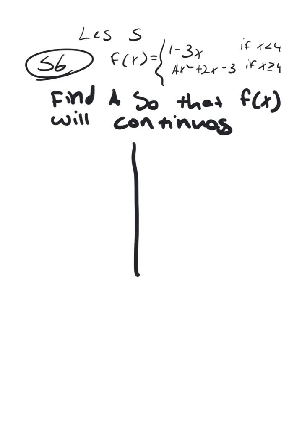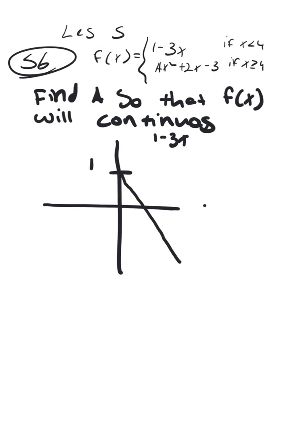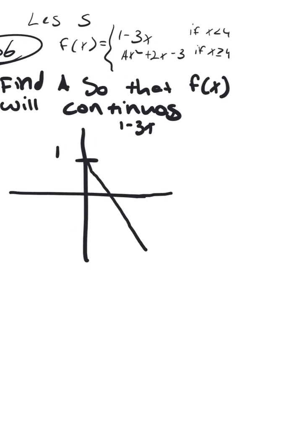If we were to plot 1 minus 3x on the graph, we see that the slope is -3 and the y-intercept is 1. So let's say we were to put 1 here, we would start going down on the slope. And we're supposed to stop at the point where 4 is greater than x.